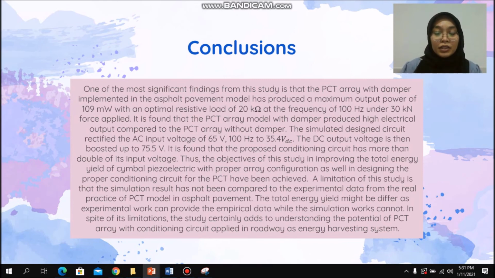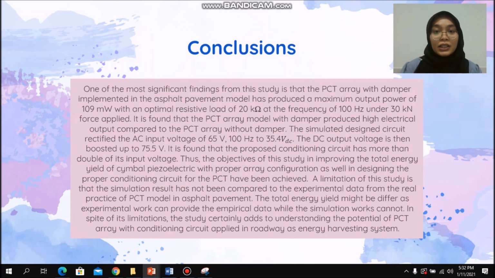Thus, the objectives of this study, improving the total energy of the piezoelectric with proper array configurations and designing a proper conditioning circuit for the PCT, have been achieved. A limitation of this study is that the simulation result has not been compared to experimental data from real practice of the PCT model in asphalt pavement.